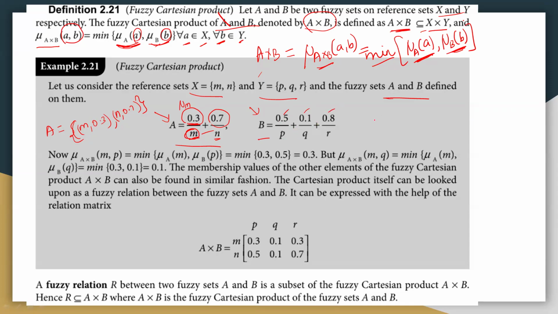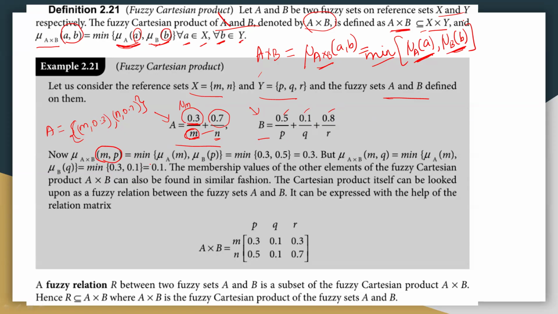Now suppose I ask you to find the Cartesian product of A and B, that is, the membership values over the Cartesian product A cross B. Take the first pair, m comma p.